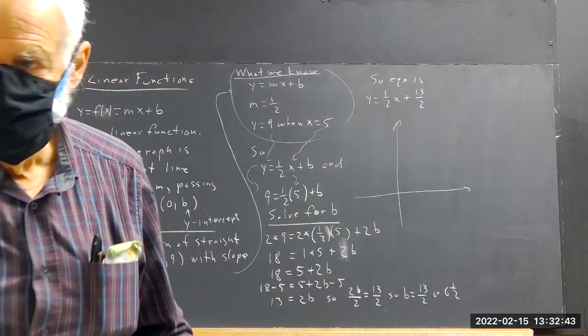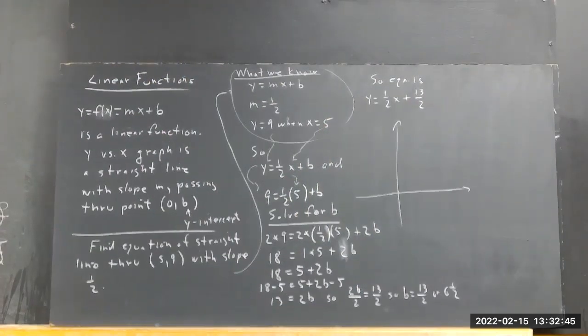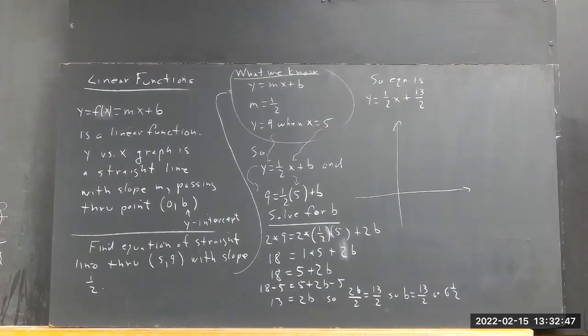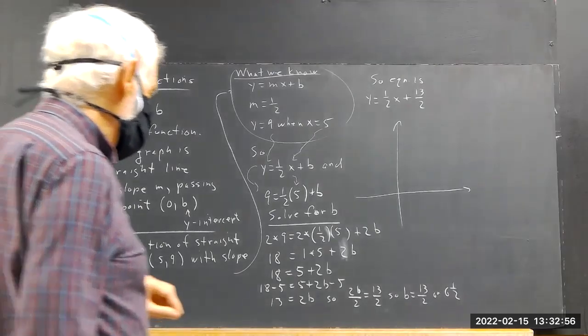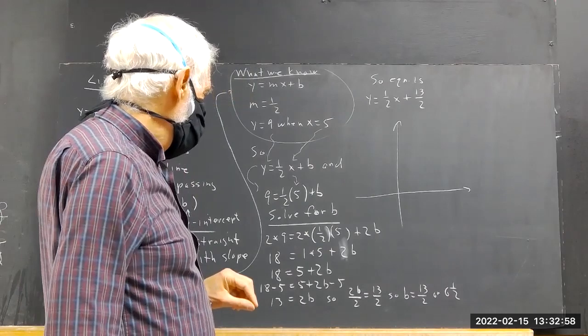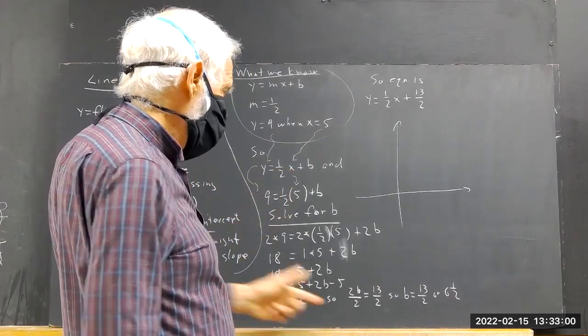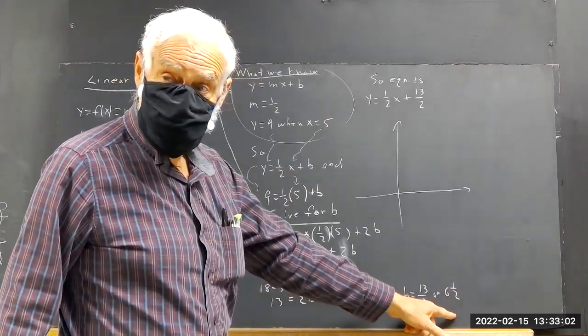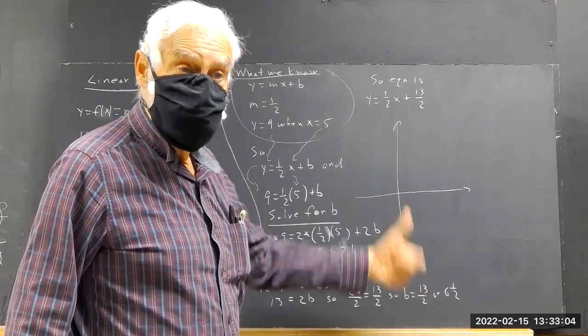Well, sketch me a set of coordinate axes and see what your graph looks like. You don't have to worry about the slope 1/2 anymore because you know that when x equals 0, y equals 6.5, right? That gives you a point on your graph.